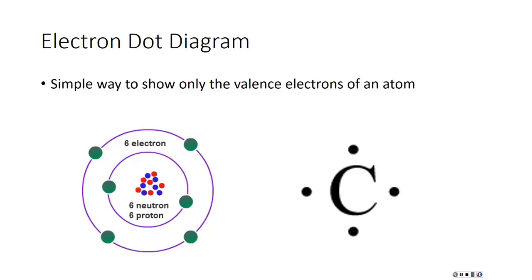Why don't you guys try on your paper, draw out what the dot diagram would look like for potassium. Potassium is K, number 19 on the periodic table.